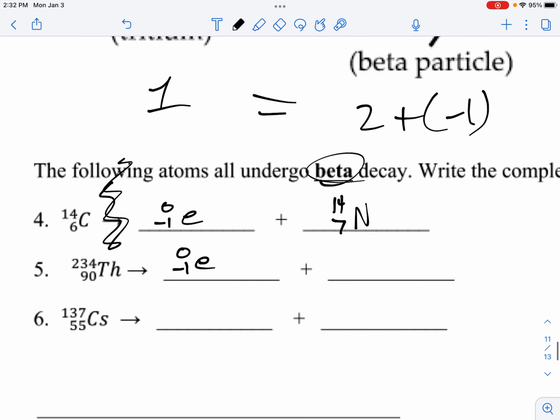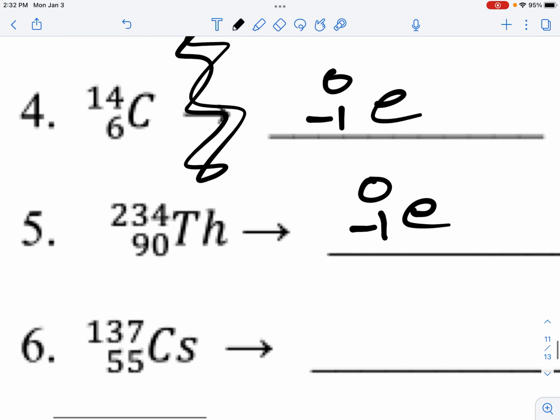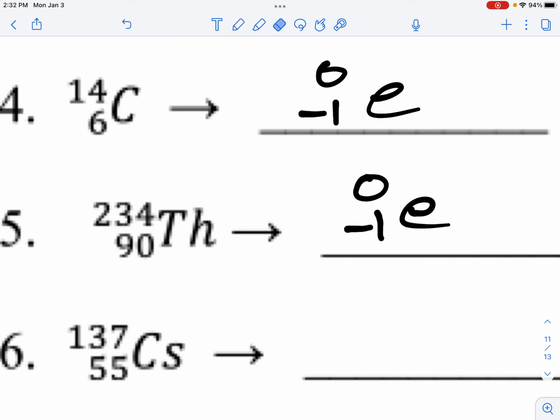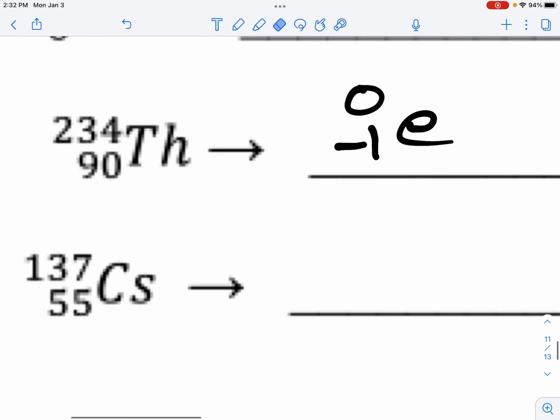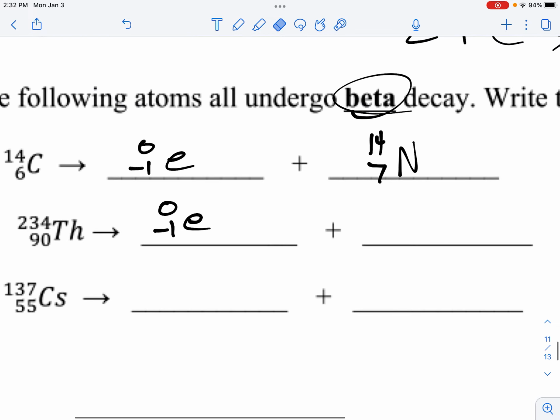All right. Back to number 5 here. So what happens? We undergo a beta decay. And what happens in a beta decay is we give off this 0 and -1. So I've got 234 up top, and I lost 0, so that means I still have 234. So that's easy. Now what about down below?